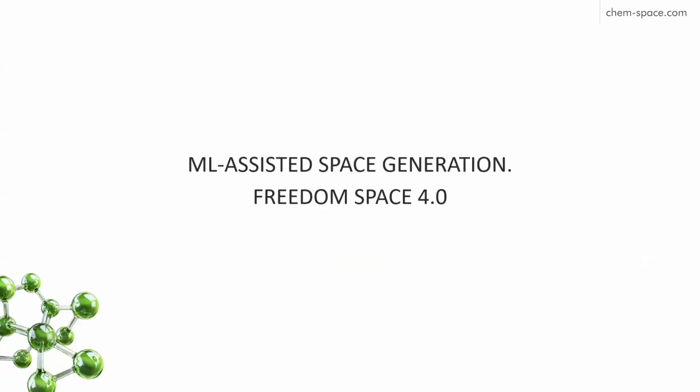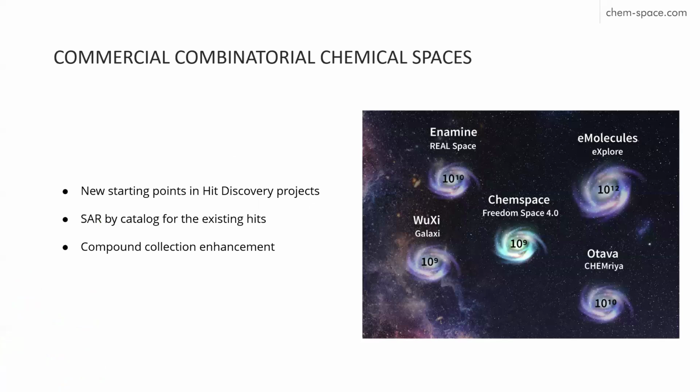Okay, and let's talk about ML-assisted space generation. It's not big news for everyone that combinatorial chemical spaces are in use in drug discovery. These spaces could be a source of new starting points for discovery projects. They're great sources to perform hit expansion and SAR studies as well.